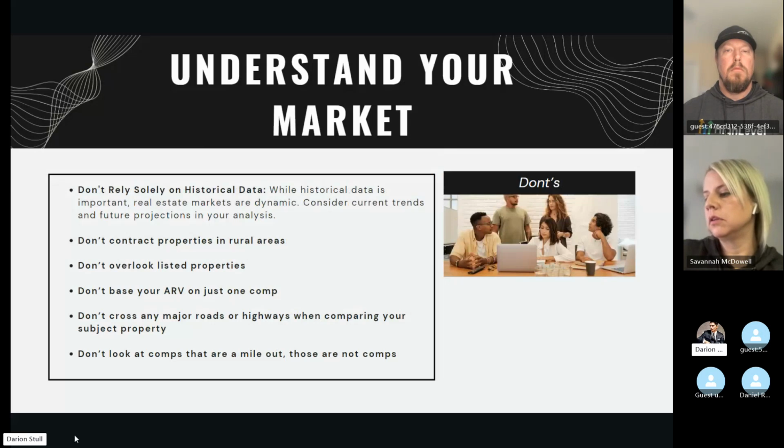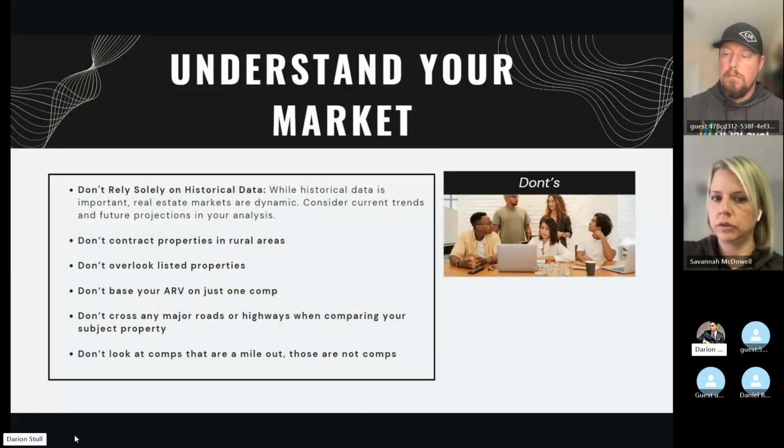But because these properties sold almost a full year ago, I'm not going to consider 275 as the ARV. I'd probably come in lower at about 265, 260, just to be a little more conservative with those numbers. So don't necessarily rely on the historical data so heavily if you have to go that far back.